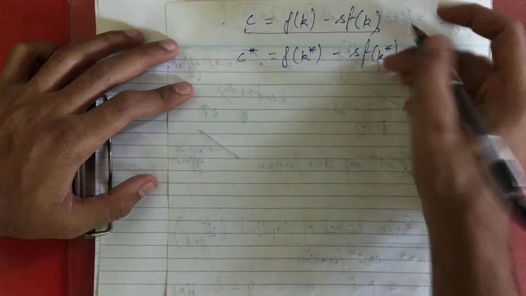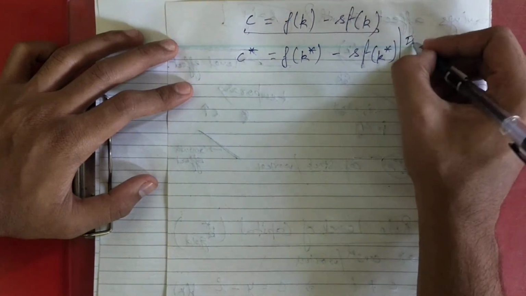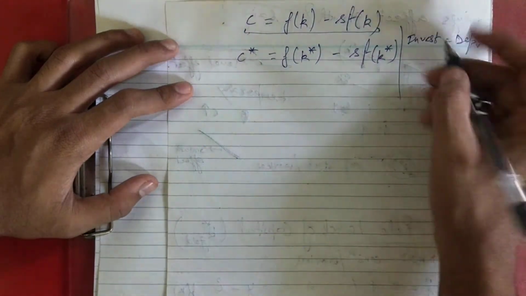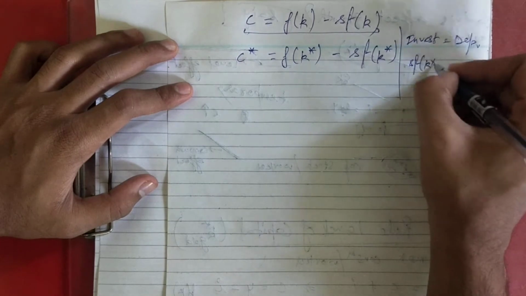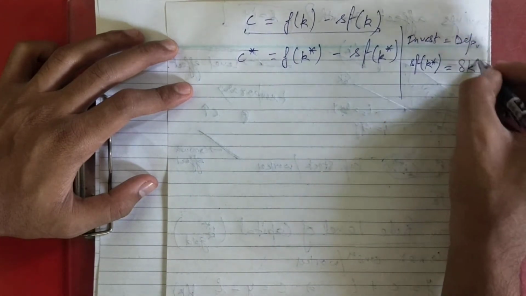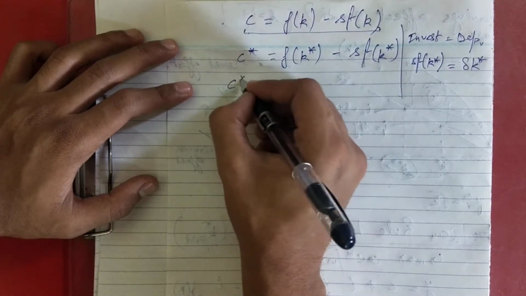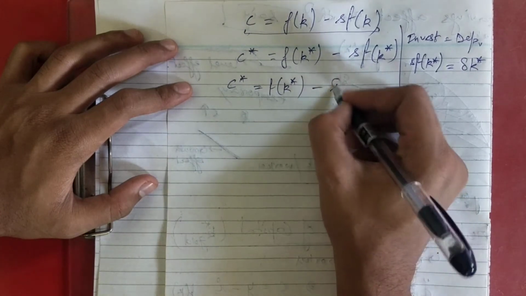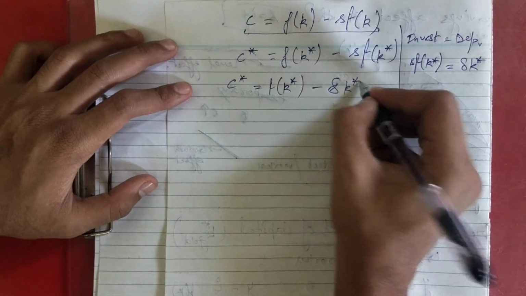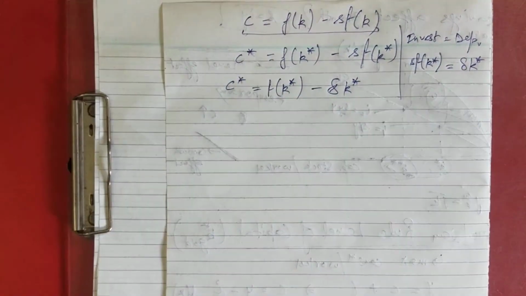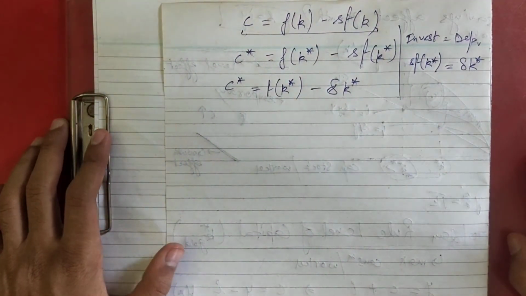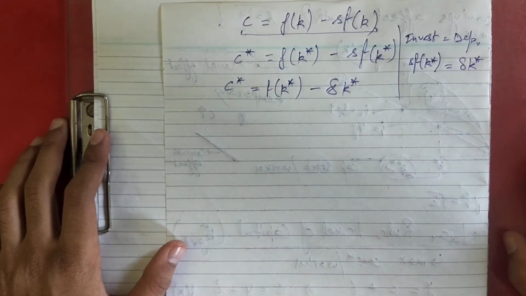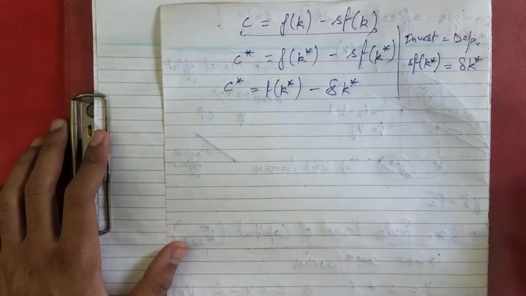You all know that at steady state your investment is equal to depreciation. It means s f(k star) is equal to delta times k star. So you can rewrite this as c star equals f(k star) minus delta times k star. According to this equation, steady state consumption is what is left of steady state output after paying for the steady state depreciation.